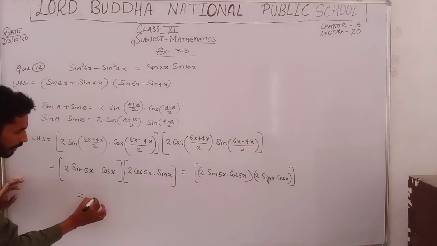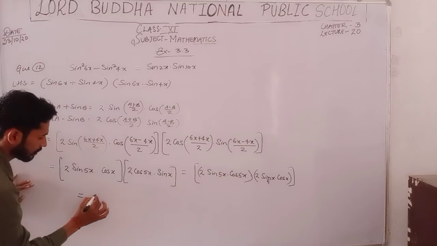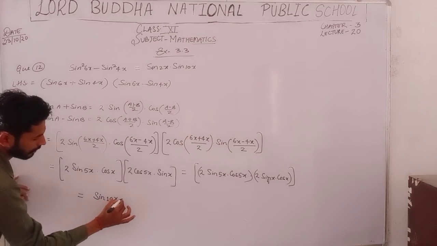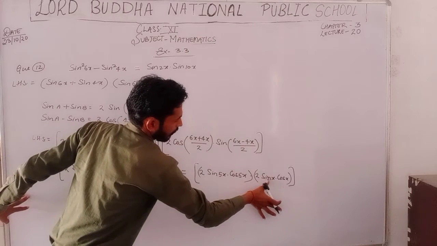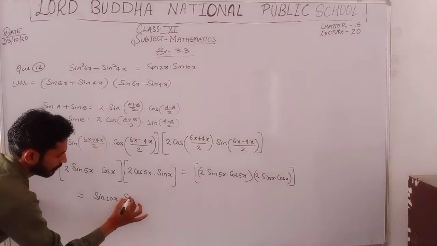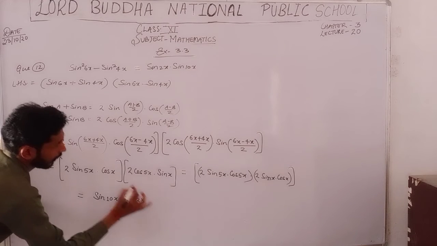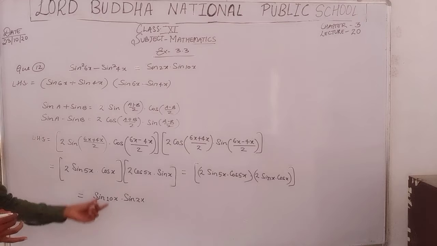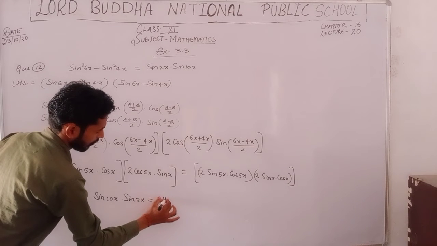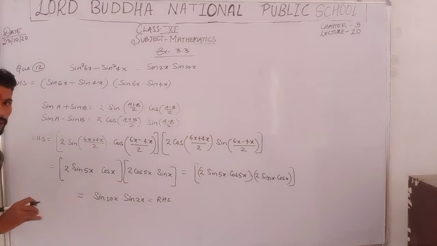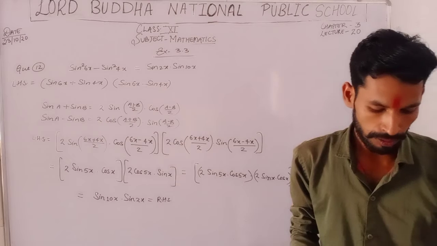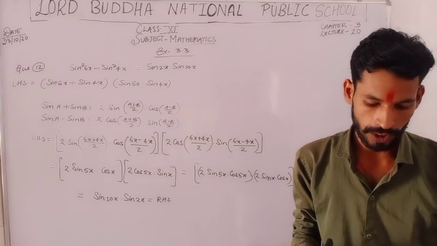So we can write here in place of this sin 10x, and in place of 2 sin x into cos x, we can write sin 2x. That is the right hand side of this question. Clear? Now we will go to solve the next question.